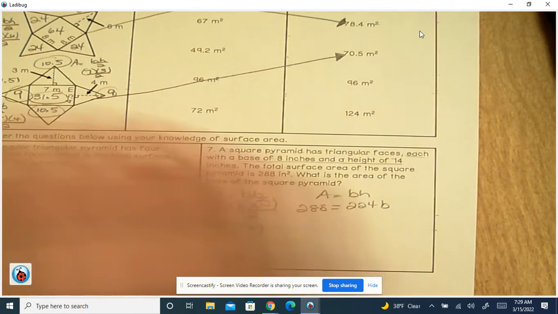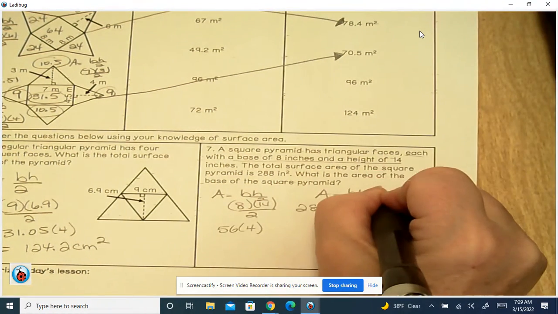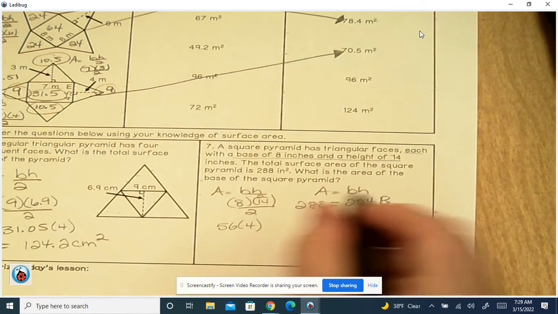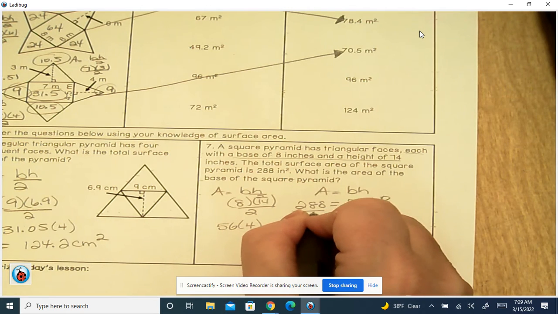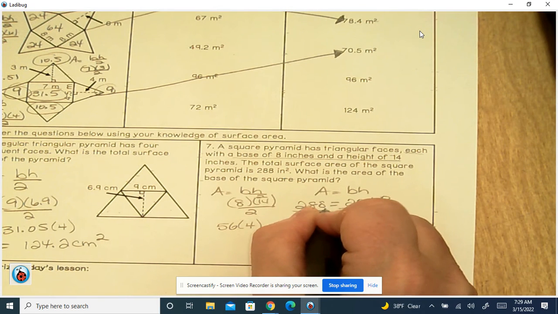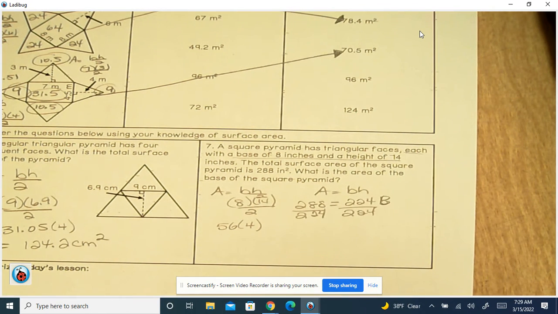And we want to know what the base is, which is the big B there. So we would divide that by 224. So 288 divided by 224. No, you subtract. 288 minus 224 is 64.